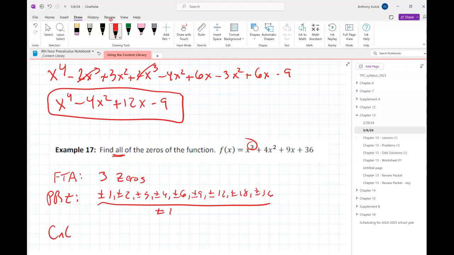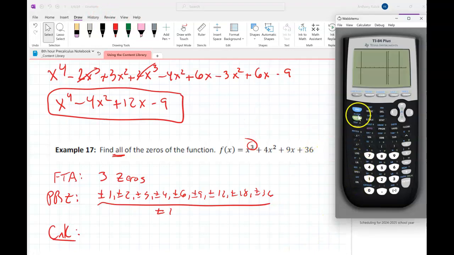Then we go to our calculator. Type in my polynomial. Reset my window, -36 to +36.